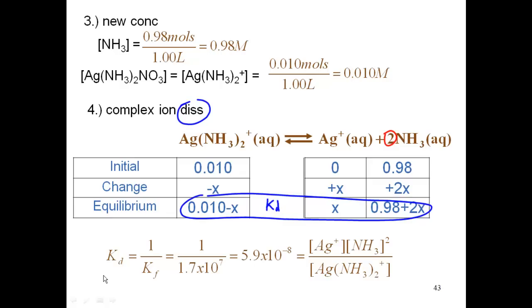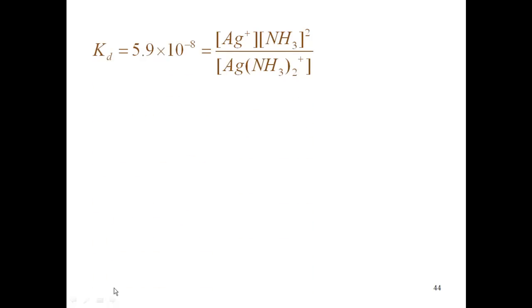Then plug in my values: X times 0.98 plus 2X, squared, divided by 0.01 minus X.